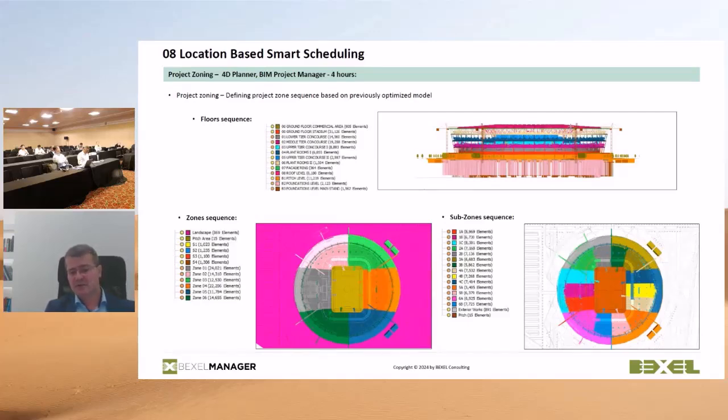It took just 4 hours to define the project zones and immediately verify if the size of these zones is relatively okay and comparable, and then you can use these zones in Excel intelligent planning.